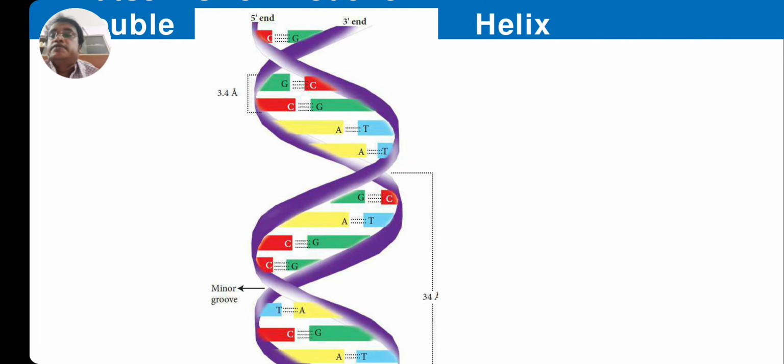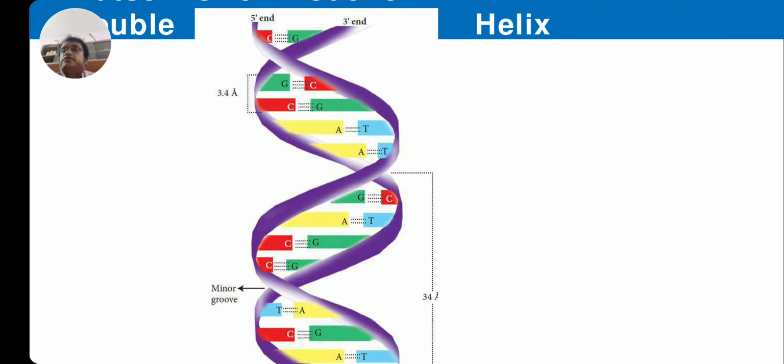It may be noted here that some authors prefer to use TMP for deoxythymidylate. Why does this happen?